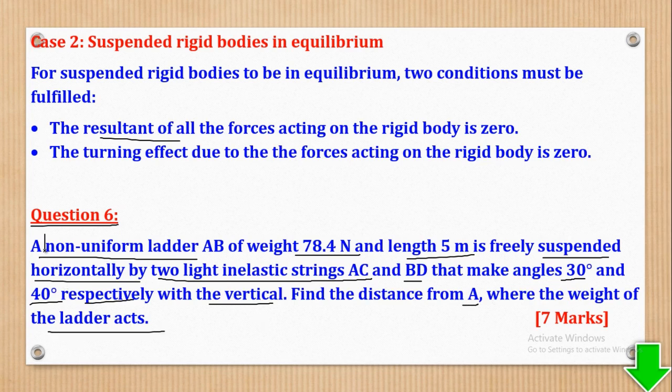Remember, it is non-uniform, meaning that the position of the center of gravity is no longer the midpoint, therefore it is at a certain point, not the midpoint. So the first thing will be to make a sketch of the force diagram.